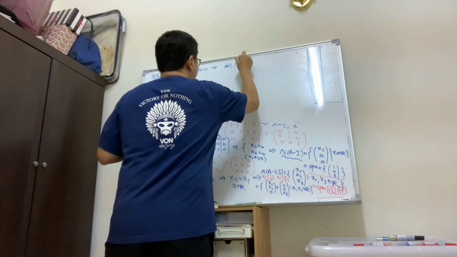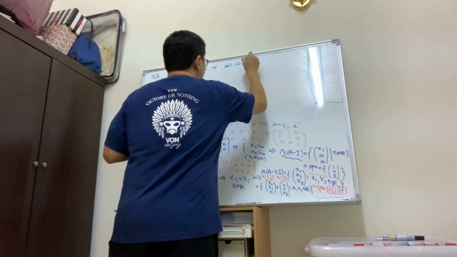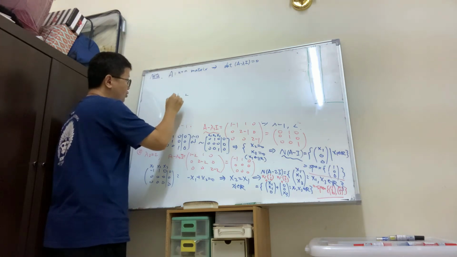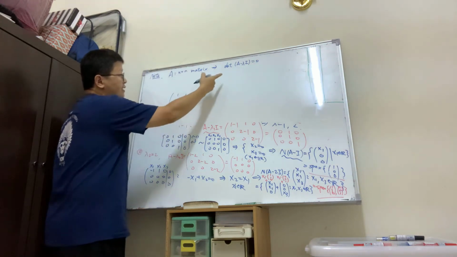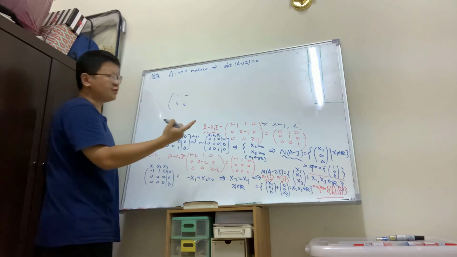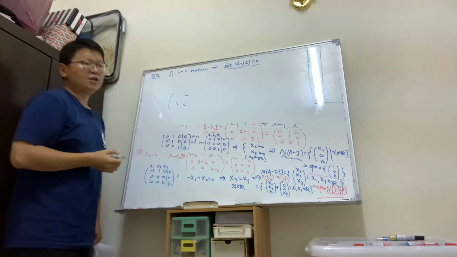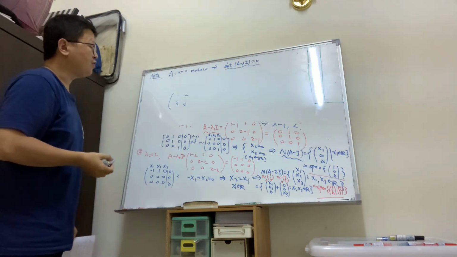Determinant of A subtract lambda I equals 0. If we have an n by n matrix, for example (1, 2; 3, 4), and we want to figure out its eigenvalues, then we consider the determinant of A subtract lambda I equals 0 and find its roots.